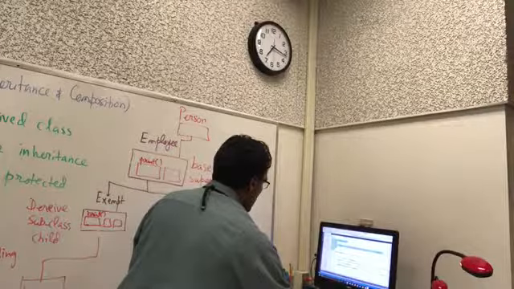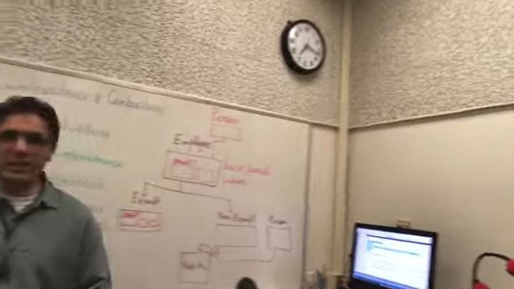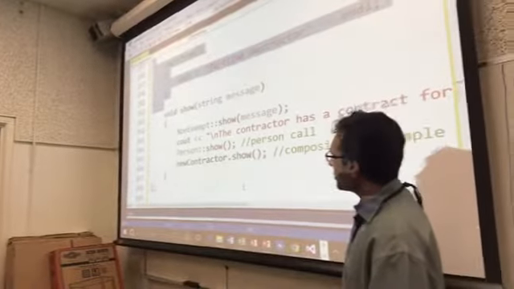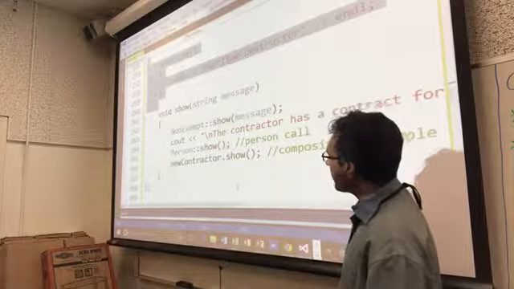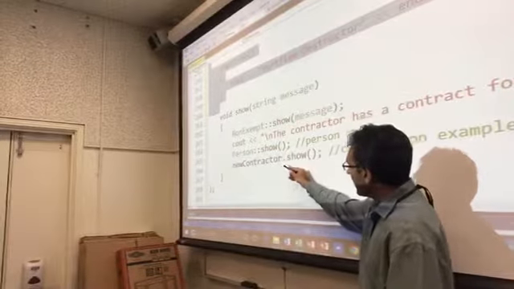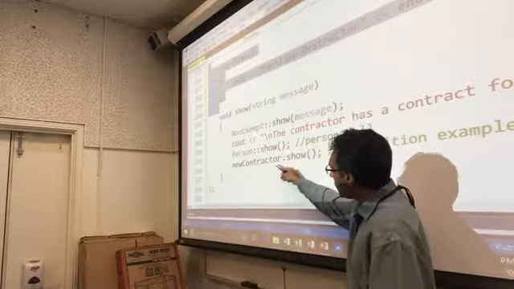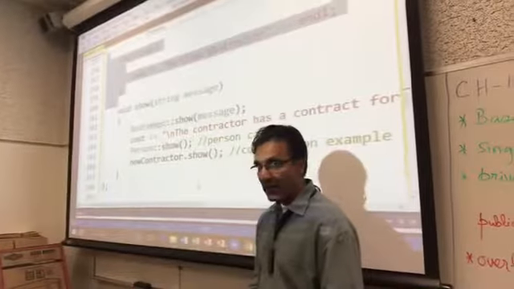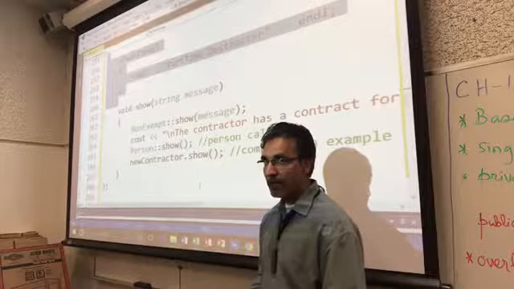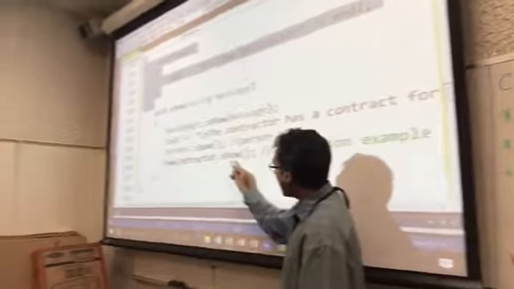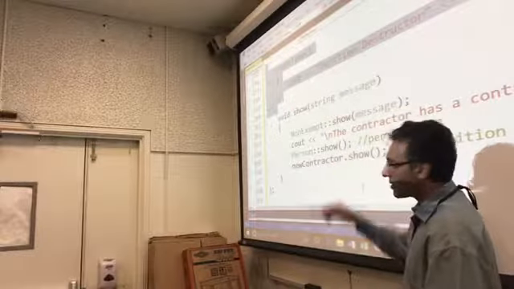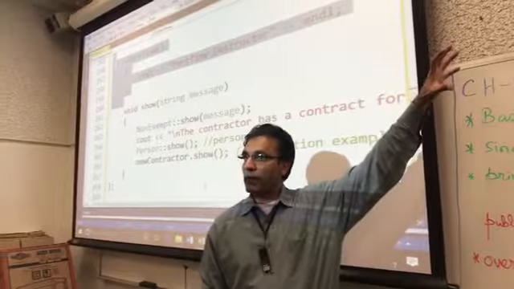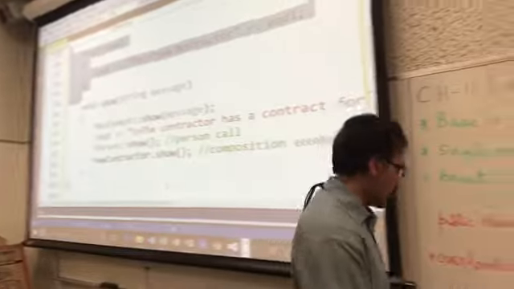Okay, so I have a show method, and this show method looks really interesting. When I want to call the show method, I say new contractor. New contractor is the name of my object of contractor type, and I say call the show method of new contractor. The contractor type was sitting by itself.